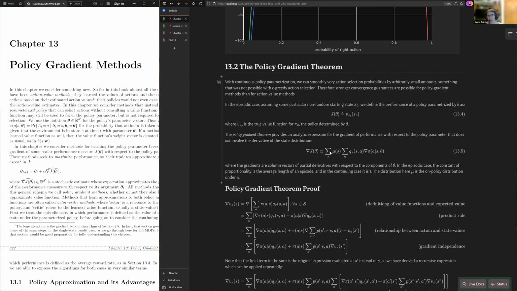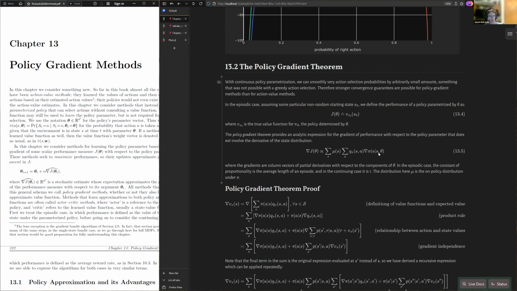This can be reduced to an expected value because this is a distribution that we can observe from the environment. And then we have this sum over actions of the state action value times the gradient of the policy. Now, we'll see later that even though it looks like we need a value approximation here, we can also replace this with a sample, at least in the Monte Carlo case.